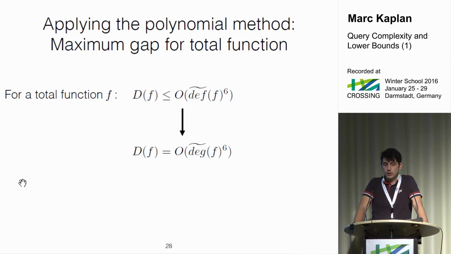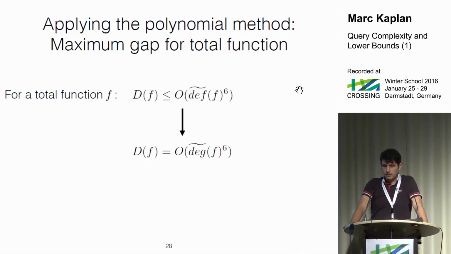And what was known from earlier work is that the classical query complexity is also upper bounded by some polynomial of the approximate degree. This is the degree here. And I think this factor 6 here is due to Beals and others, but another value is already known.